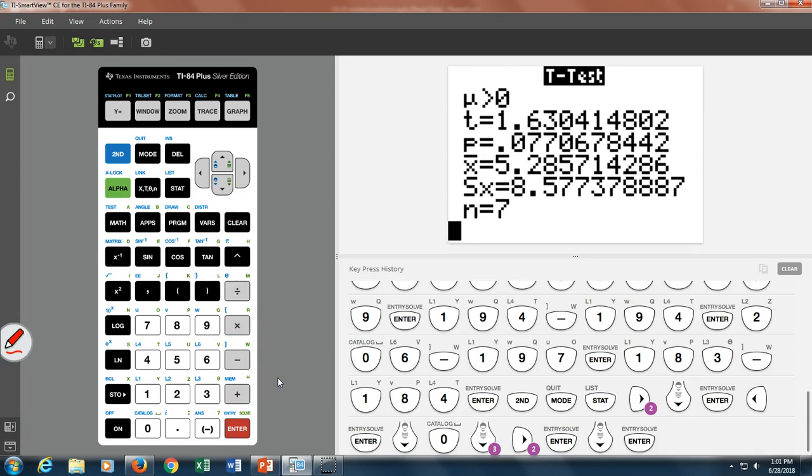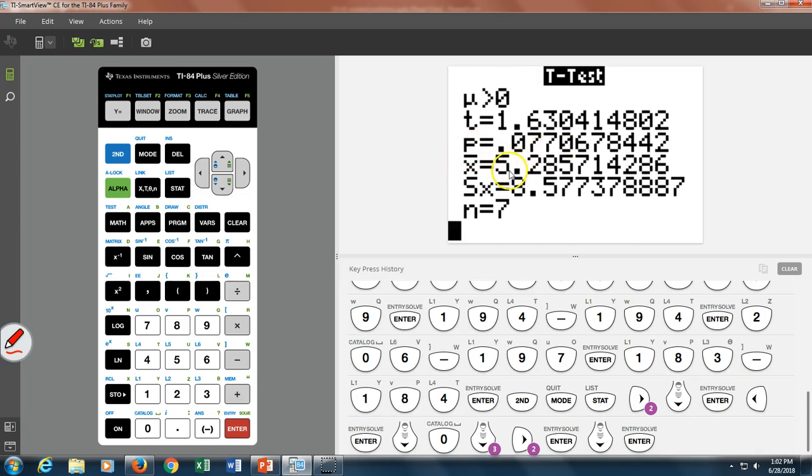Well, at the 5% significance level, I can't reject the null hypothesis because this p-value is just about 0.08. So if I'd used a lower standard, such as alpha equals 10%, then I'd say, yeah, I can reject the null hypothesis, but not if I want to stick with a 5% significance level.